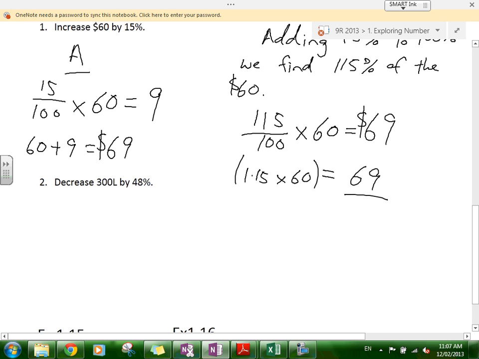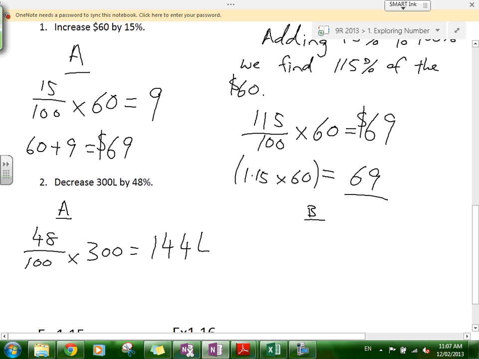This one has two methods as well: decrease 300 litres by 48%. We've got method A, and I'll put method B over here. Method A is we find 48% of 300 and then subtract it because it's a decrease. So 48 over 100 multiplied by 300 is equal to 144 litres.